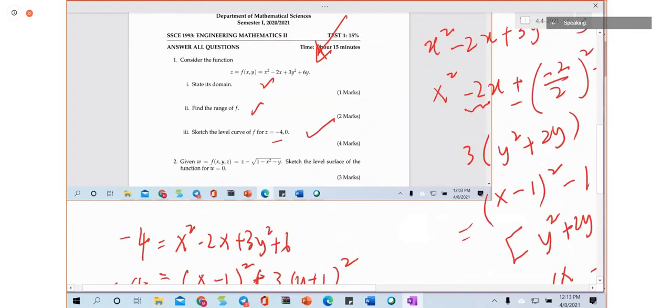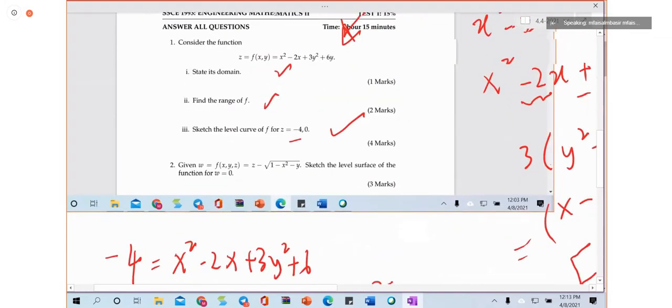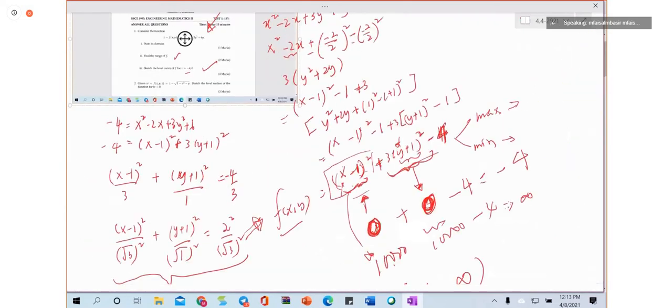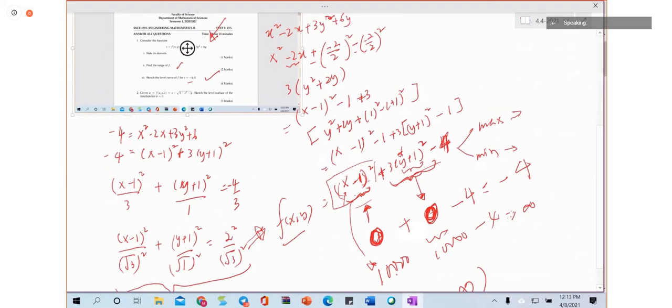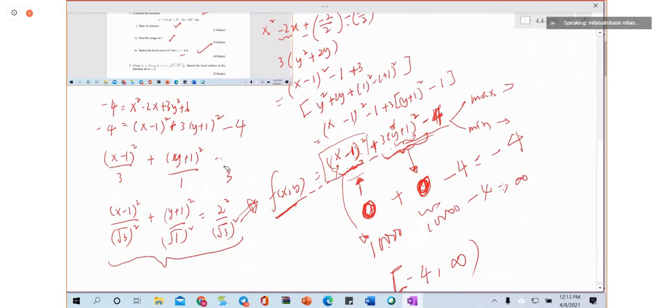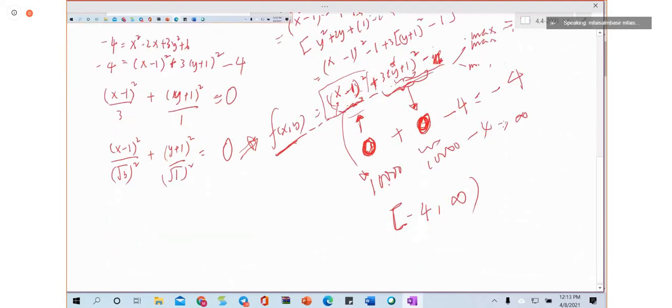Is this correct or am I wrong? See, negative 4. Okay, sorry. I have negative 4 here. If I copy all this, I have negative 4 here, and then here will be 0. Okay, so now you have 0. So what is this actually? Do you know what is this?